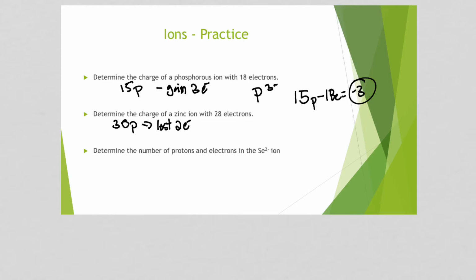So that's going to give it an overall 2 positive charge. We have 2 extra protons relative to electrons, so we end up with a zinc 2 positive ion. Again, if we want to think about the math this way, we have 30 protons minus 28 electrons, we get a positive 2.